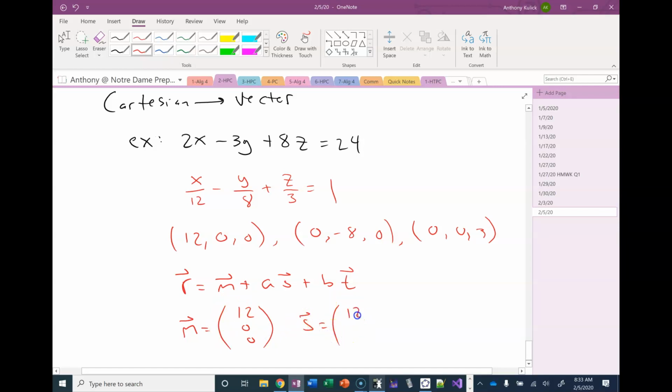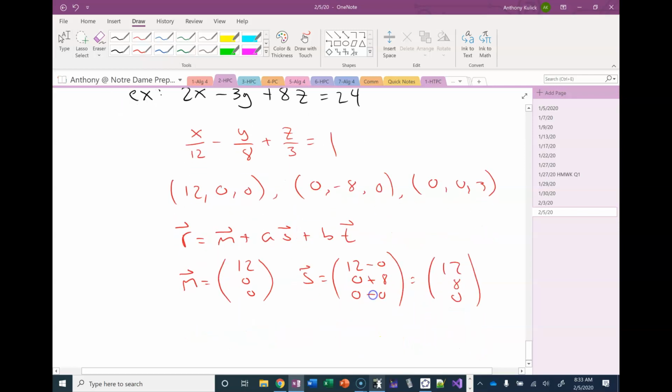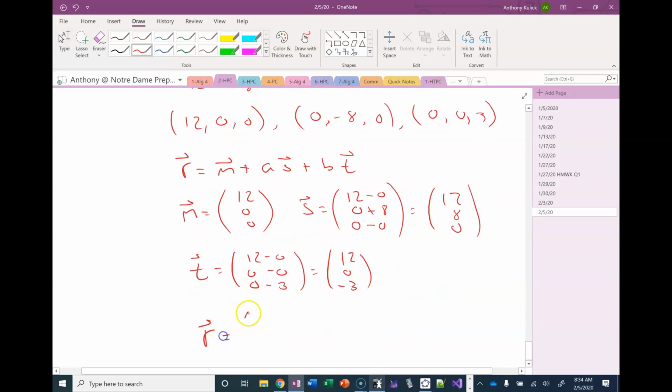For vector s, I'm going to just do the first point minus the second point. And for vector t, I'll do the first point minus the third point. And I'm done. I just need to rewrite it in the proper form now. And that's it.